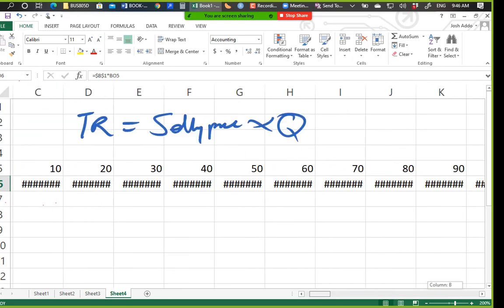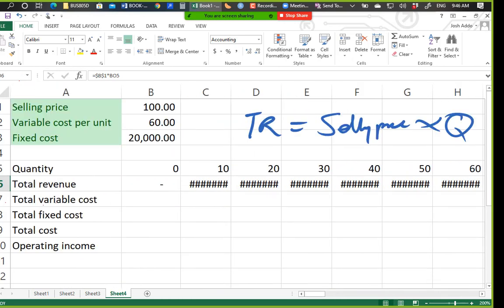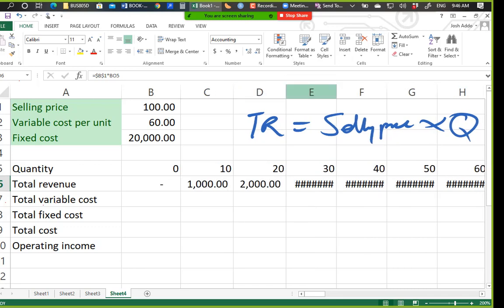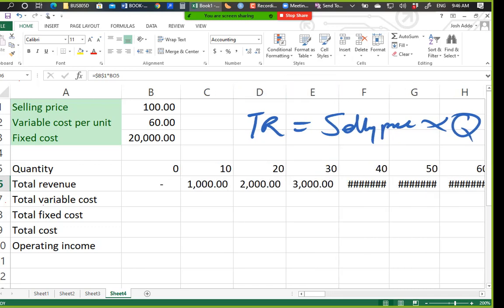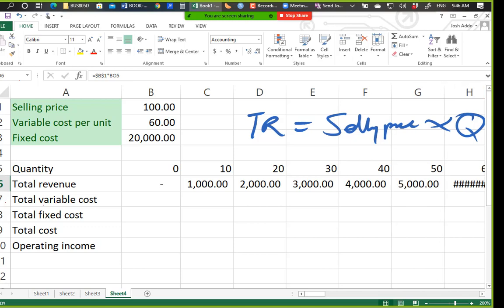Okay, so that's the total revenue. Total revenue at quantity 0 will be 0. Total revenue at quantity 10, given the selling price of 100, will be 1,000, and so on and so forth.